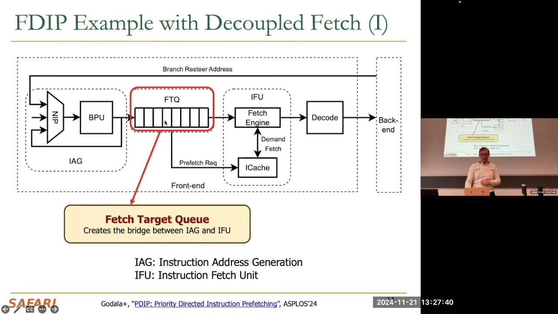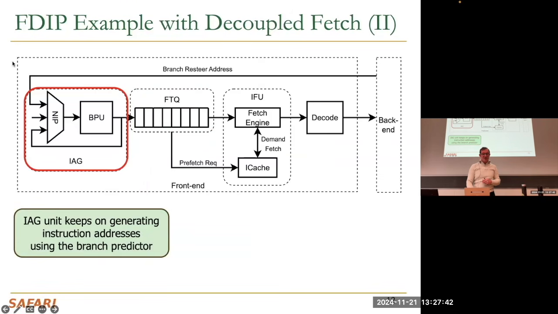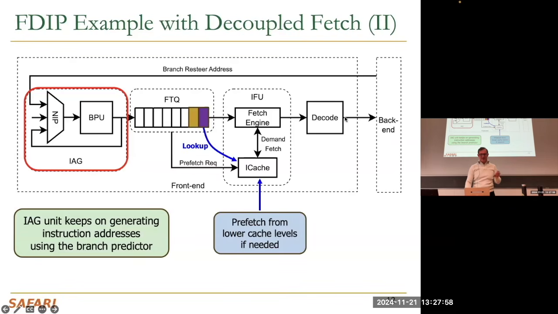And what you do is this address generation unit keeps on generating instruction addresses using the branch predictor, and essentially puts the instruction addresses over here. And then the prefetch requests are sent to the iCache, and the instructions are essentially buffered over here or over here. Okay, I'll go through this relatively quickly because I've described the ideas essentially.